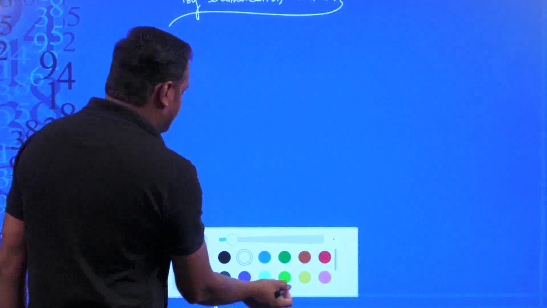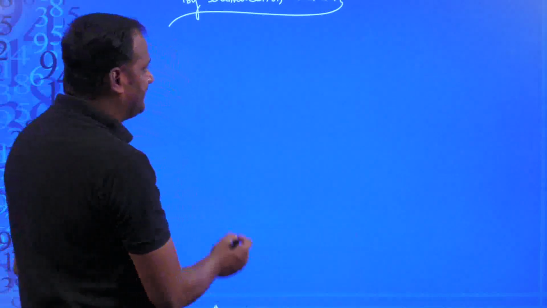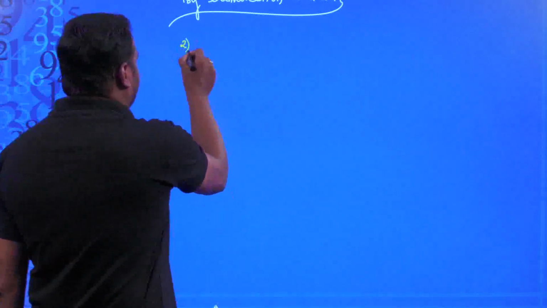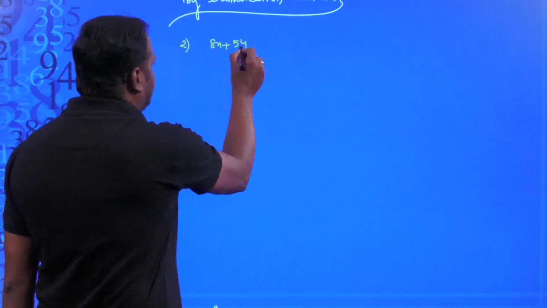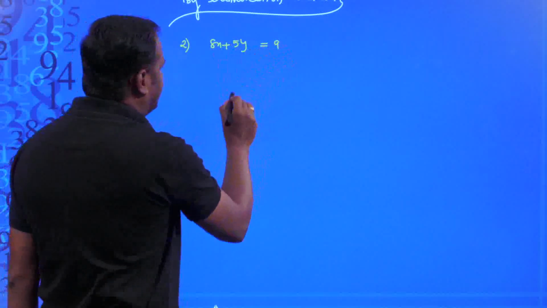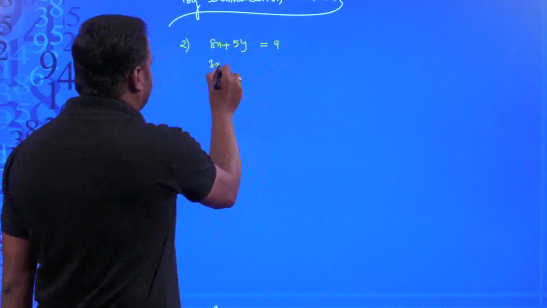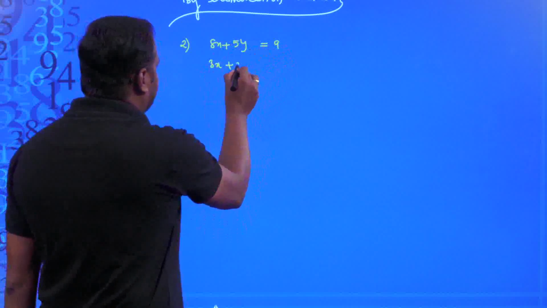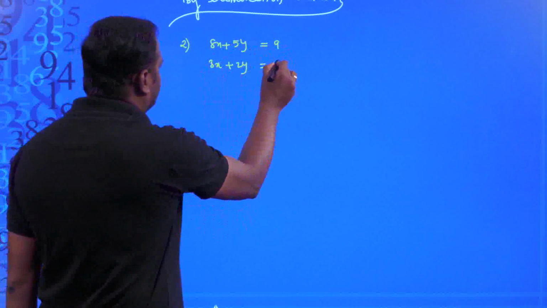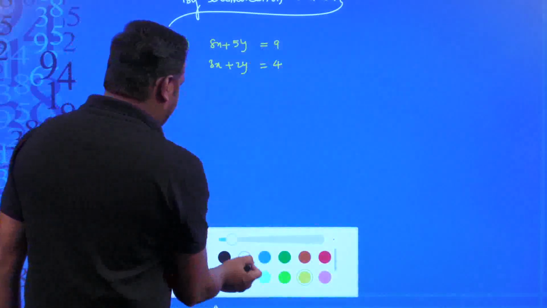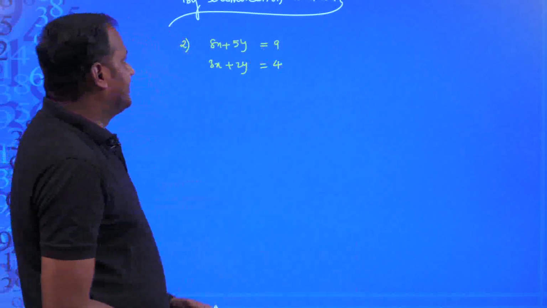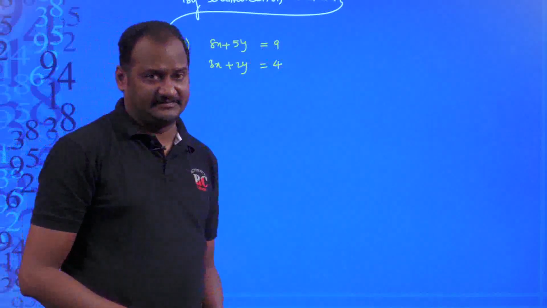So, the pair of equations given is 8x plus 5y equal to 9 as one of the equations, and the second equation is 3x plus 2y equal to 4. Now, we will have to understand how to use this elimination method effectively, right.